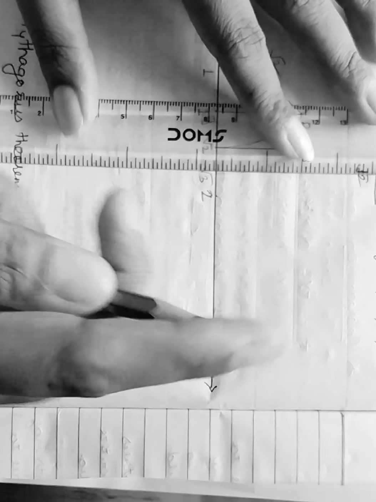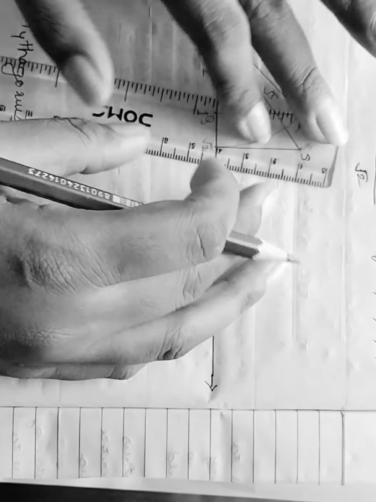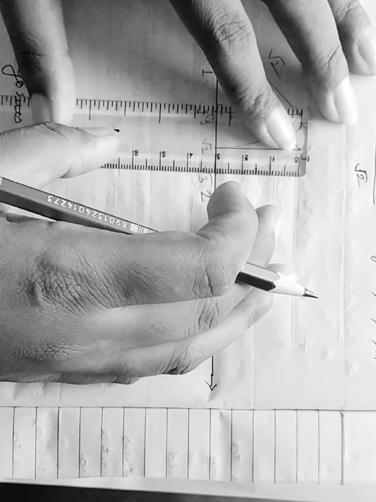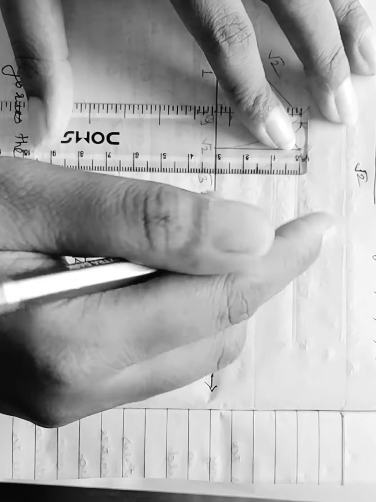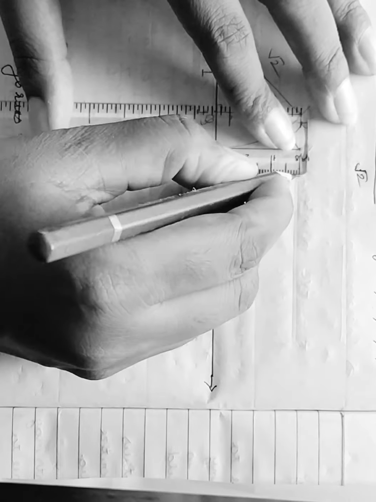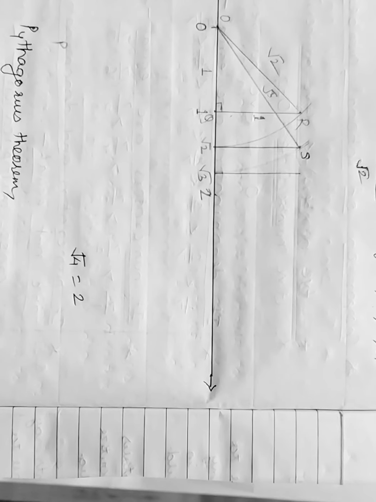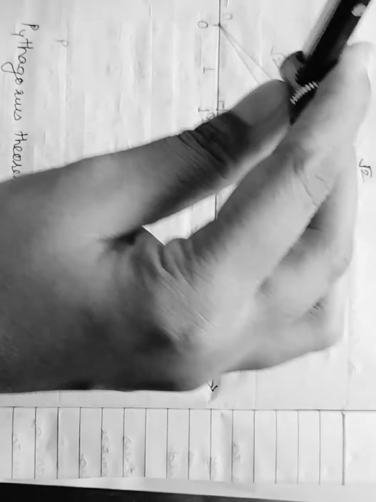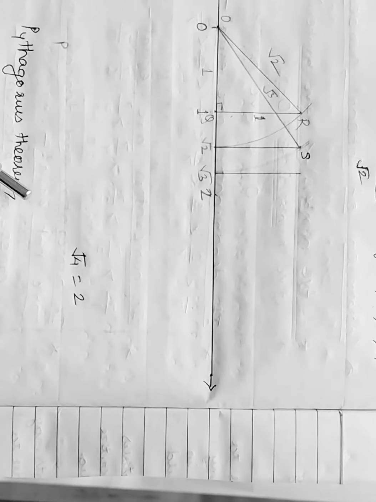That means square root of 4 will come on number 2. Now the same process. Draw the perpendicular and unit distance. Take unit distance, that is, we have taken 3 centimeter. Again take the distance in the compass. First draw the line.